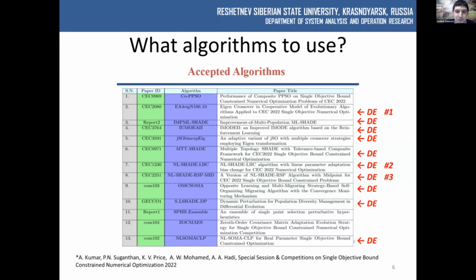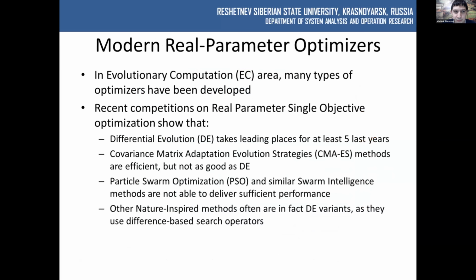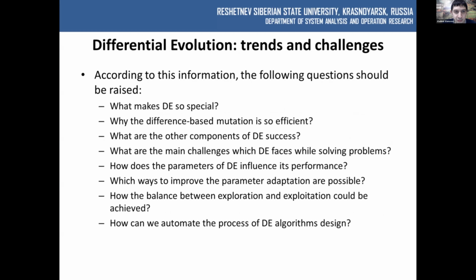If you look closer, you will see that this is actually one of the types of differential evolution. So why? There are many modern real parameter optimization algorithms like covariance matrix adaptation, particle swarm optimization, and some other methods like fish school search or wolf pack search. Why is differential evolution dominating all of these other methods? Well, let us try to understand this.